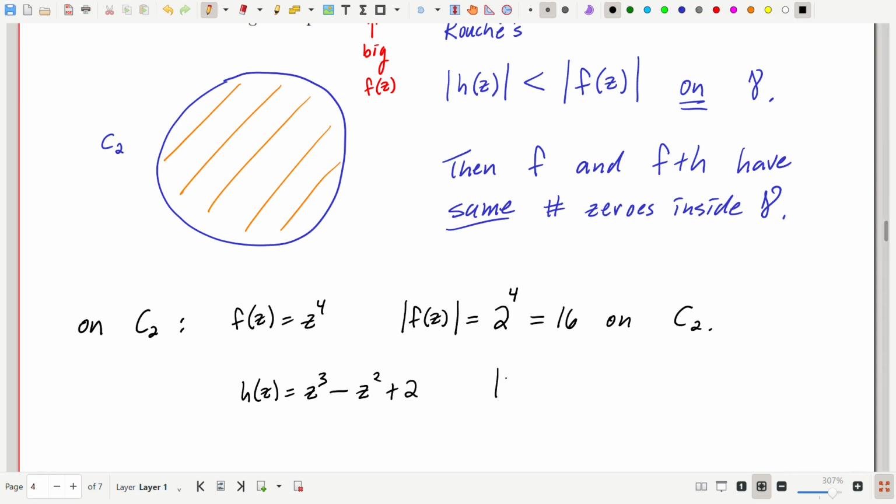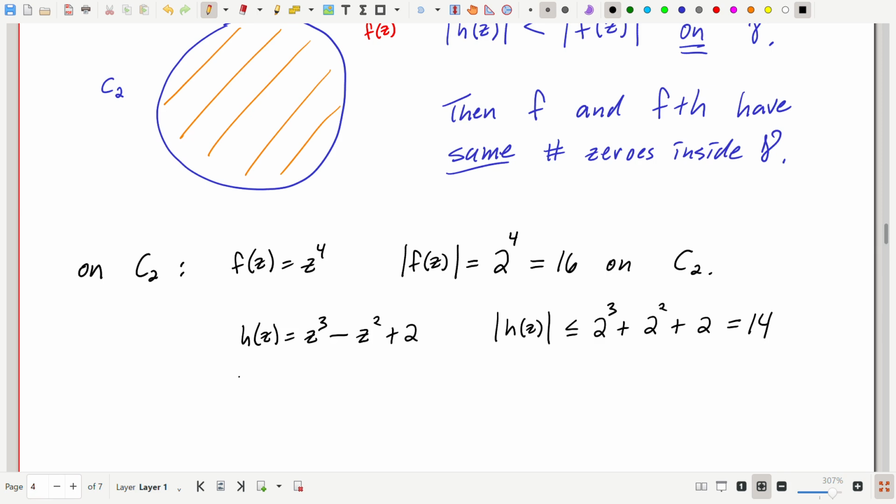And so I'd have h of z in modulus less than or equal to 2 cubed plus 2 squared plus 2, and that's only 14. I hope. 8 plus, yeah. Is that minus? No, I'm using the triangle inequality. So the modulus of h of z here would be less than or equal to the modulus of z cubed plus minus z squared plus 2, triangle inequality.